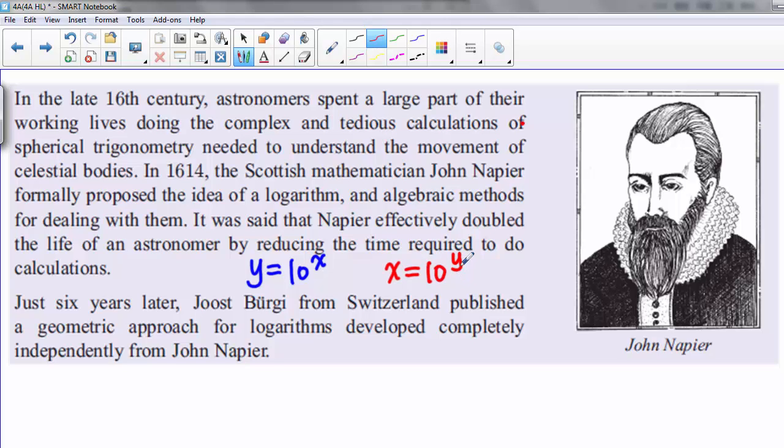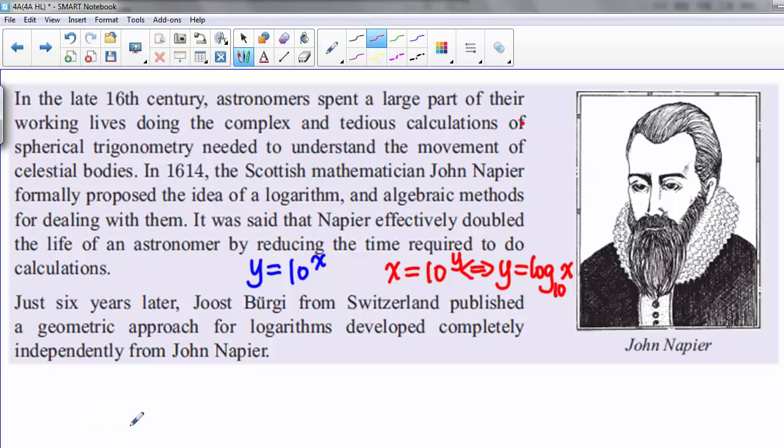Then John Napier found that he got stuck in bringing this y down and representing the y in terms of x. So for this reason he proposed a new symbol in order to bring this exponent y down, which is y equals log x, and we put on the base, base 10.